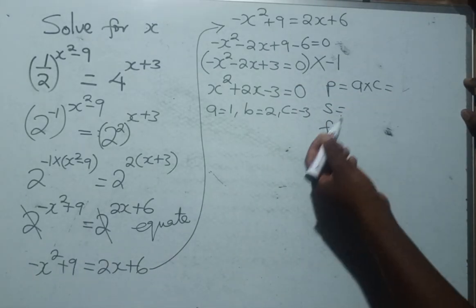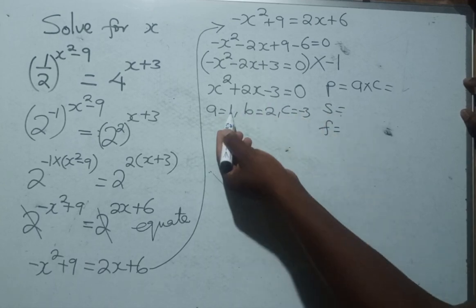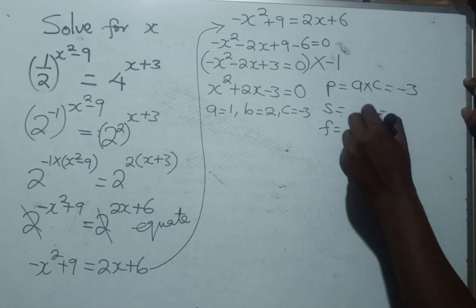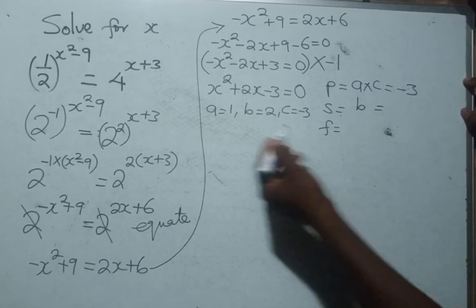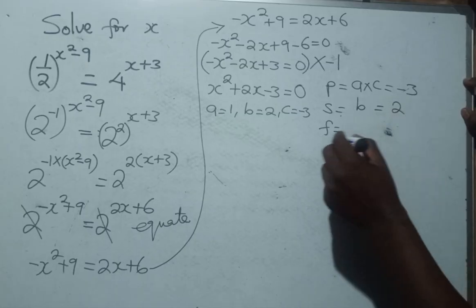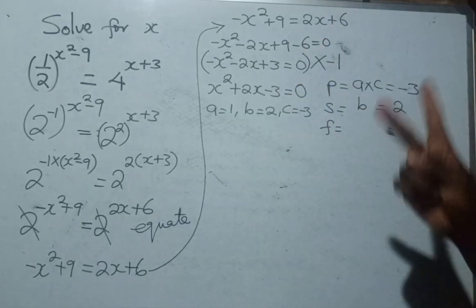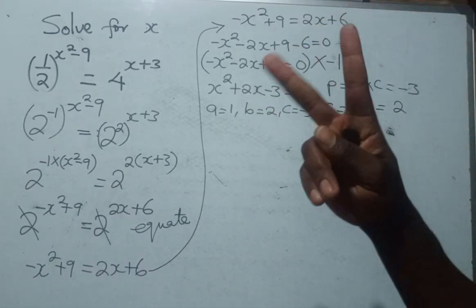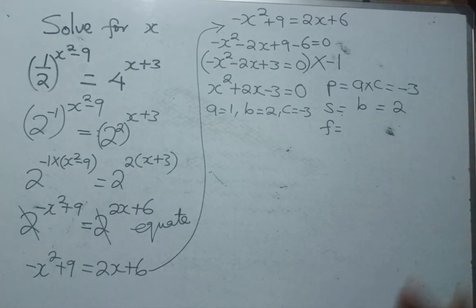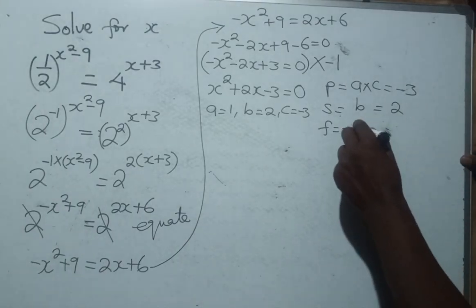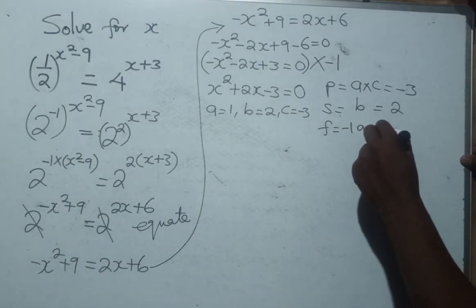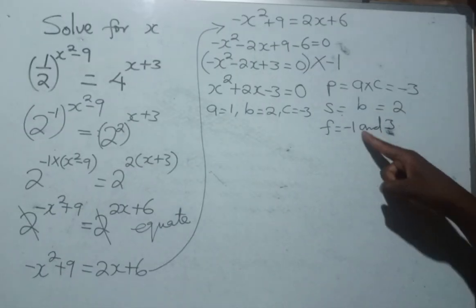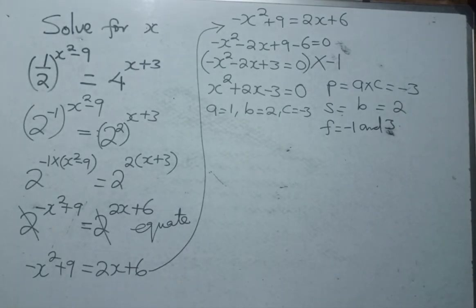To find the product, we multiply a times c: 1 times −3 gives −3. For the sum, we get the b, which is 2. For the factors, we look for two numbers which, if you multiply them, you get the product, and once you add them, you get the sum. In this case, our factors are −1 and 3. If you multiply −1 and 3, we get −3. If you add these two, we get +2.